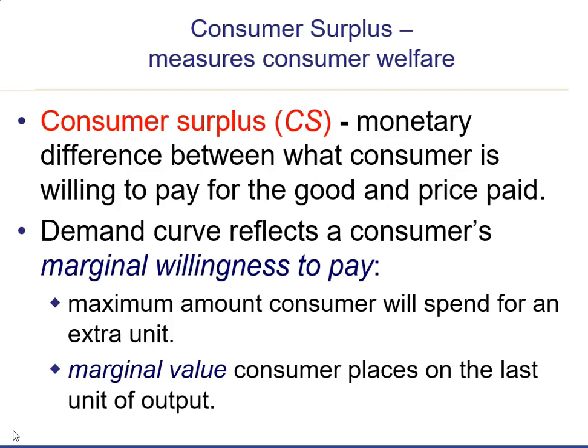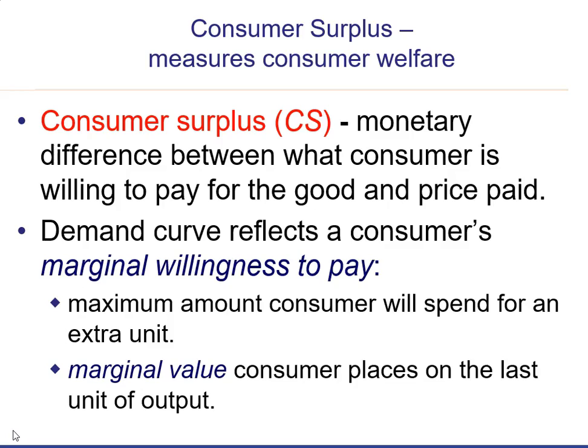Of course, your demand curve is going to tell you what you're willing to pay for the item. So look at the demand curve in helping you determine the consumer surplus. The other piece of information you need to know is the price of the item. The demand curve will show you the marginal willingness to pay for that item, and it's downward sloping.